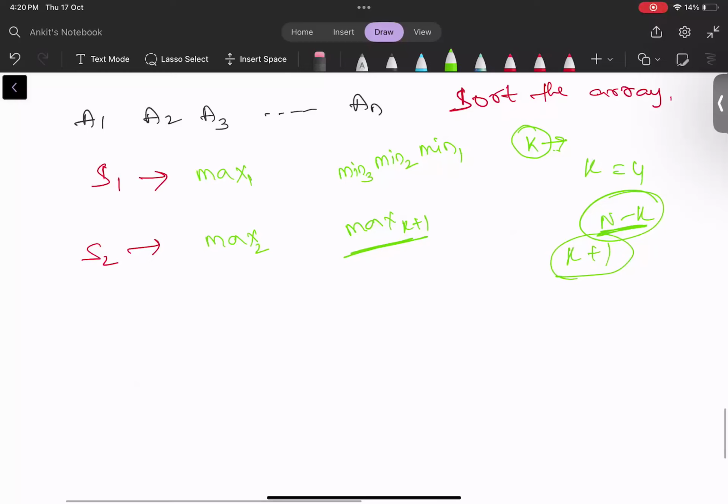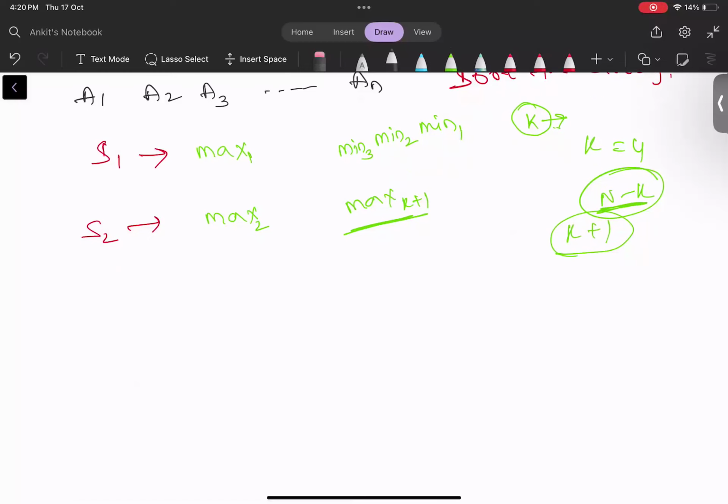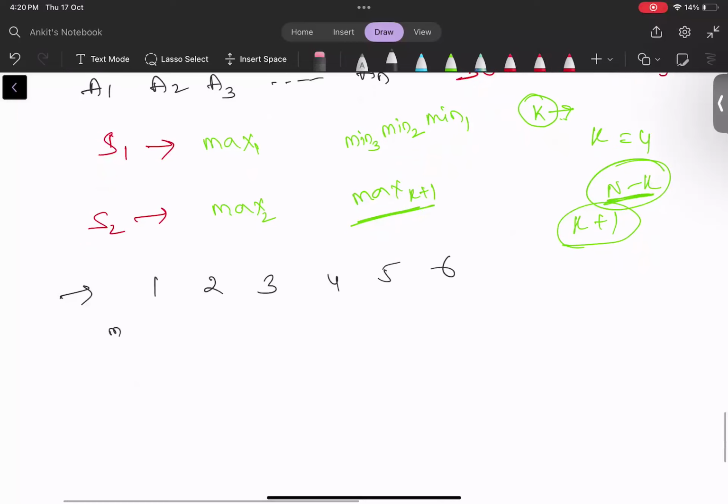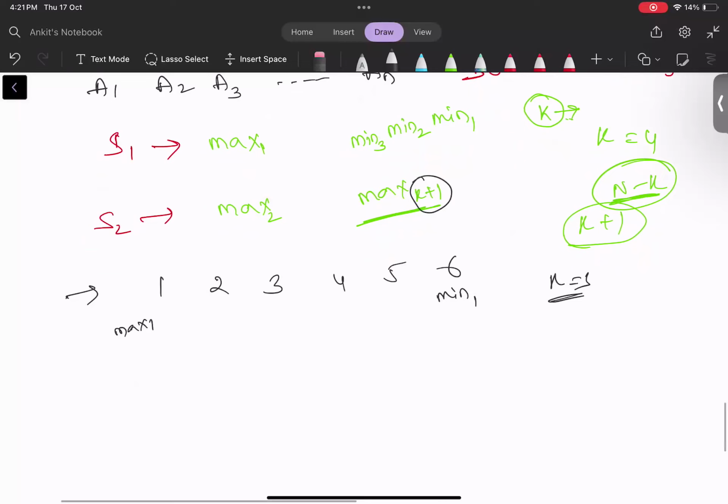Let's see, in the above example, what are those values? 1, 2, 3, 4, 5, 6. As this is already sorted, this will be our max 1. This will be our min 1. What is the k value? Our k value was 3, right? Then what I said here, the k plus 1th value, that means the fourth value.